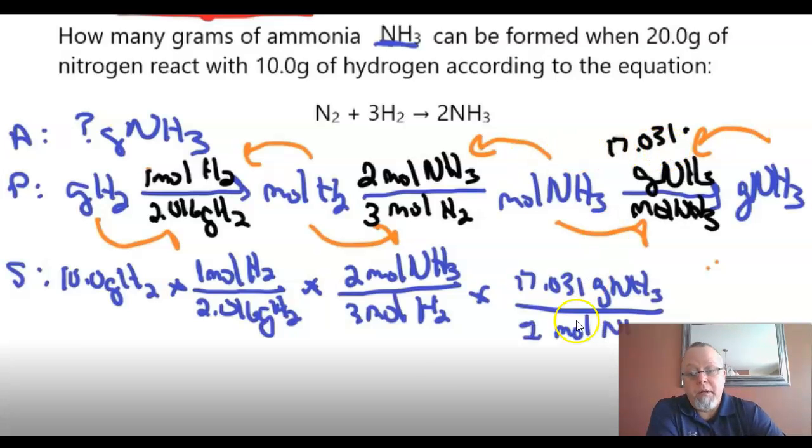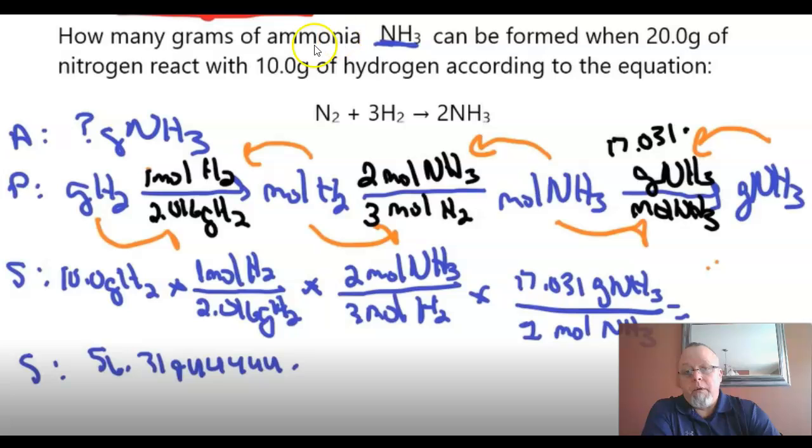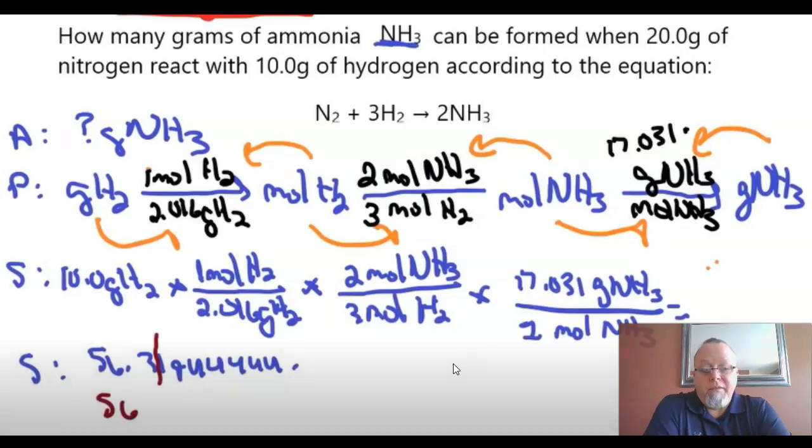I just go along the numerators, multiply them out, divide by the denominators, and we get our number, which is going to be long. Then we use our significant figures to shorten it. 56.3194444 grams of NH3 is produced. So again, we look at our significant figures. We have 10.0, that's 3 sig figs. Draw our line. 1 is less than 5. So we have 56.3 grams of NH3.